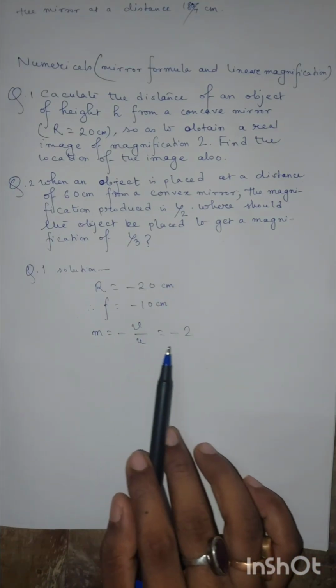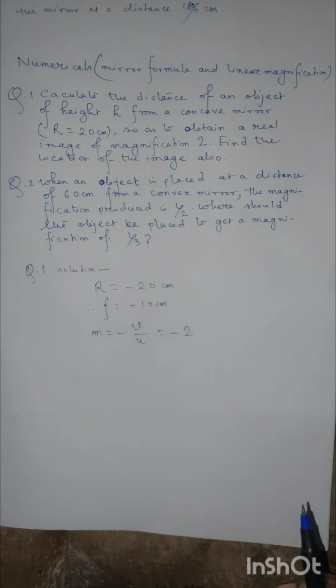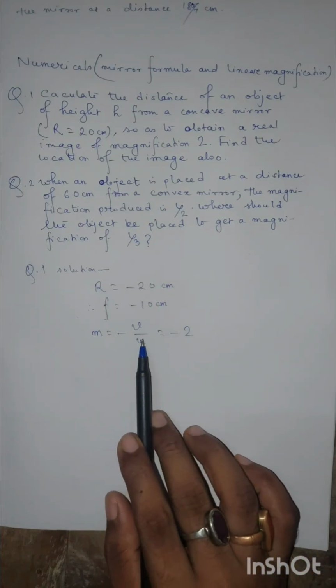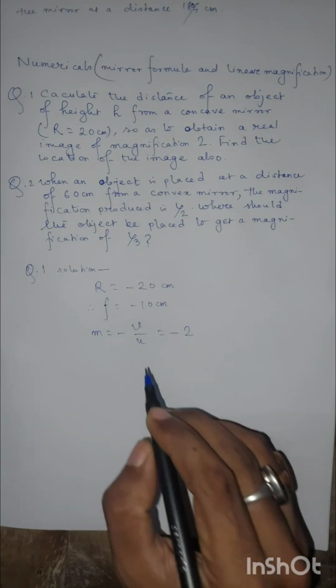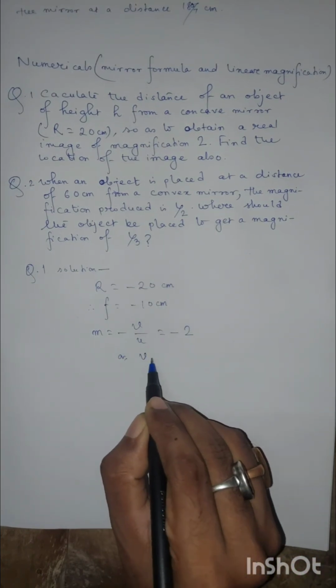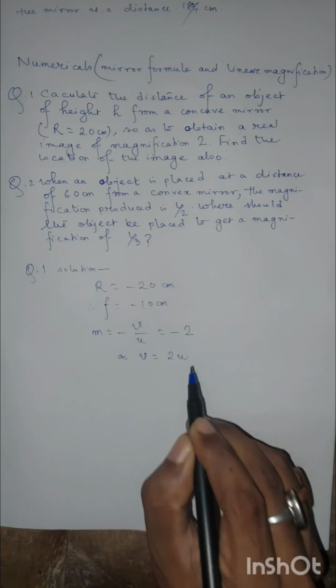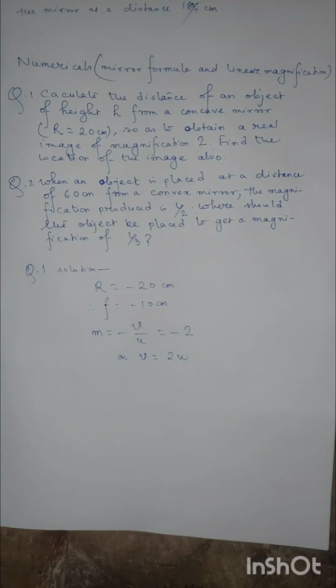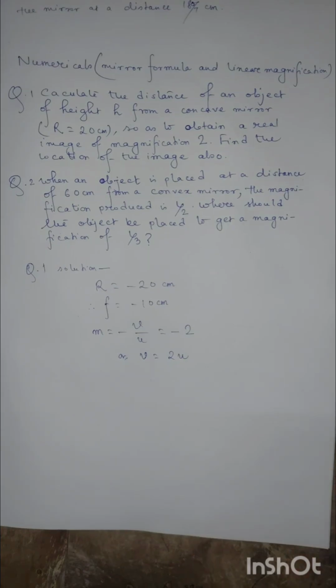So m is equal to minus v by u, equal to minus 2, or v should be equal to 2 into u. So the image distance is twice that of the object distance.